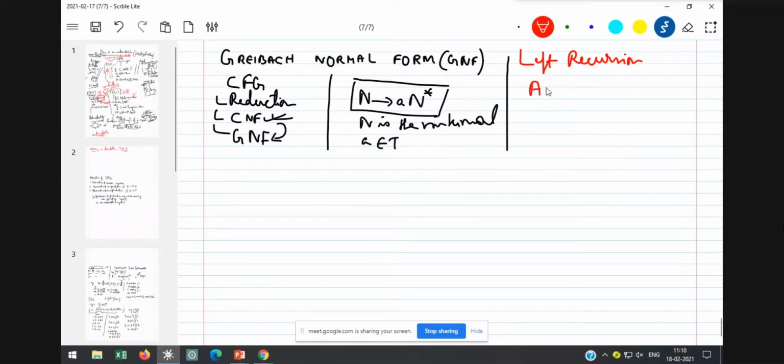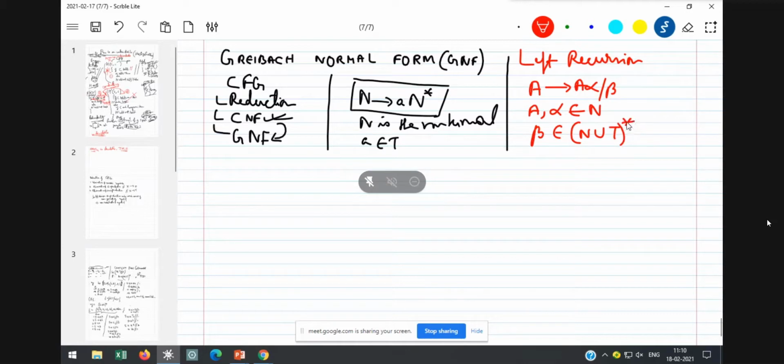Now I'll write when we call a particular production rule as having left recursion. When we come across production rules of this format, A → Aα | β, where A, α belong to non-terminals, and β belongs to non-terminal union terminal. While performing the conversion from CNF to GNF, if you come across such a production rule, then left recursion is occurring.